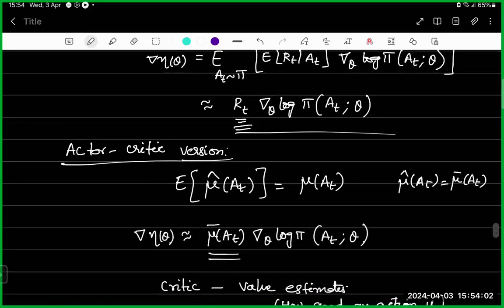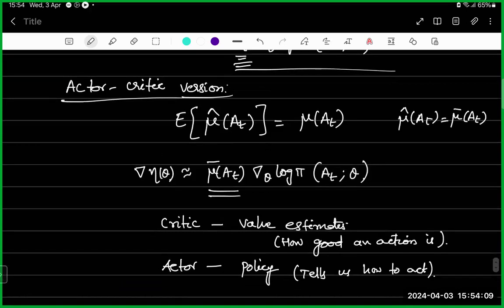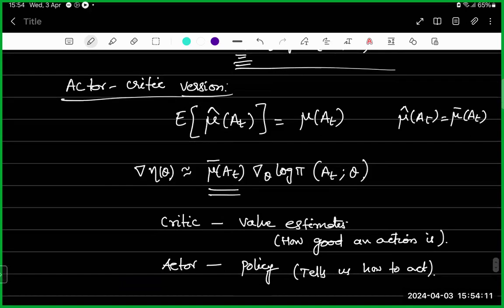But this actor-critic version is a combination of both. We have a representation for our policy, and we update our policy using SGD. For calculating the gradient, we use a value-based method, which estimates mu bar of A. So it's called a hybrid of policy-based and value-based methods.